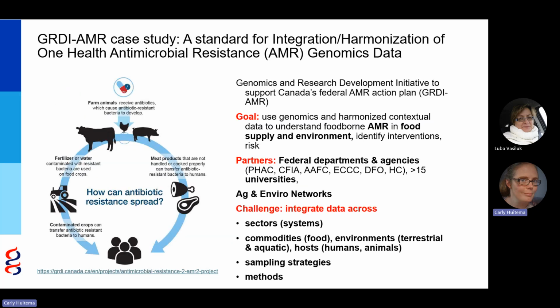So I'm going to use a case study of the GRDI AMR, antimicrobial resistance project, which initially involved 6 federal government departments testing the whole food chain for possible factors involved in antimicrobial resistance developing in bacteria, lateral gene transfer.